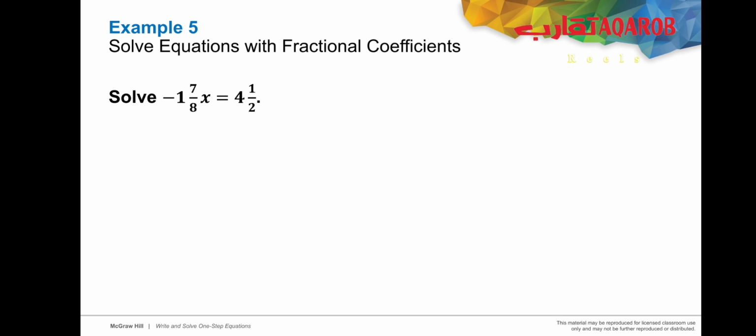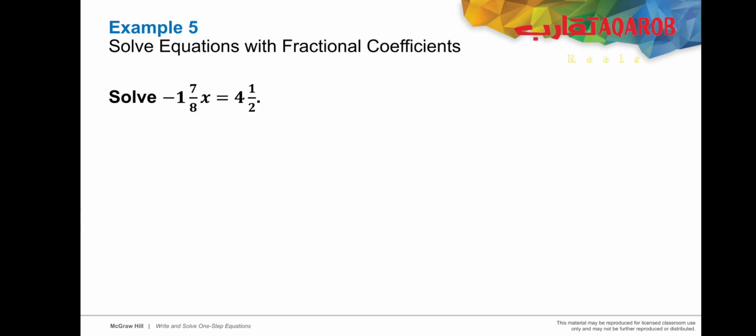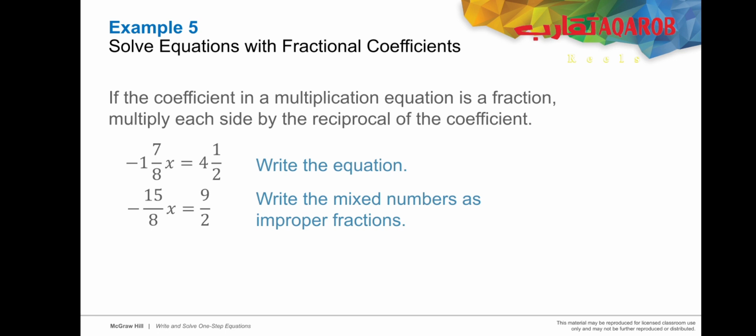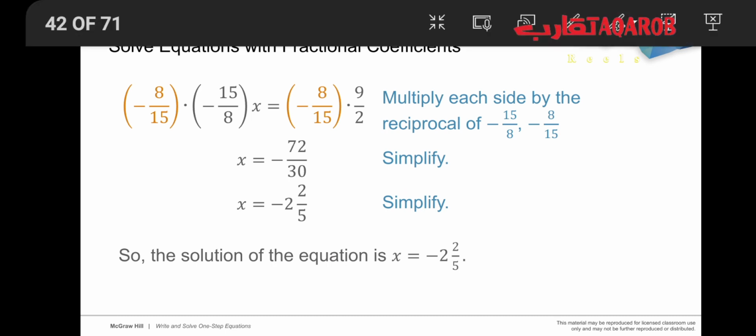It's negative 1 and 7 over 8 times x equals 4.5. Now, as you can see here, I will divide both sides by negative 1 and 7 over 8. First of all, I have to rewrite it, convert it into an improper fraction, 15 over 8.